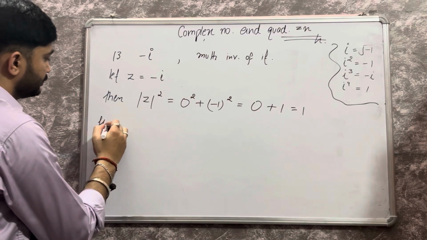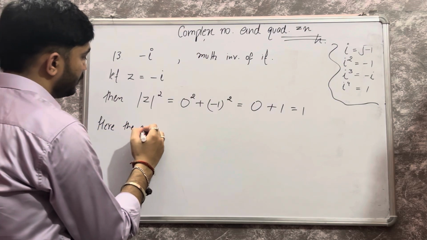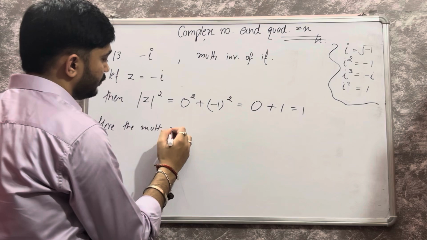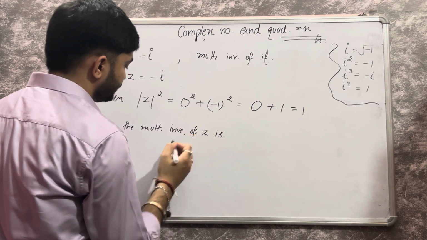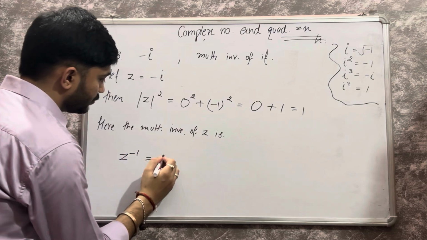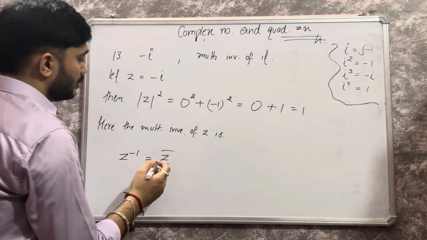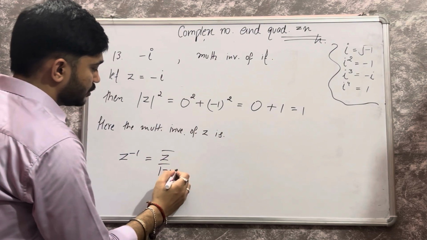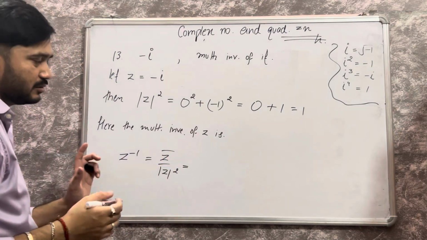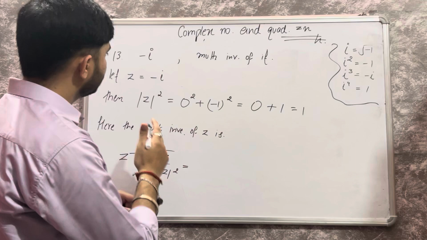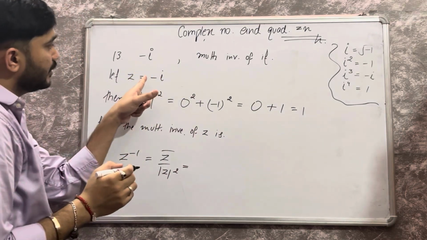Here the multiplicative inverse of z, z inverse, is equal to z bar divided by mod z square. You can write z bar or z arrow, whatever you want. The answer remains the same. What you are going to do?